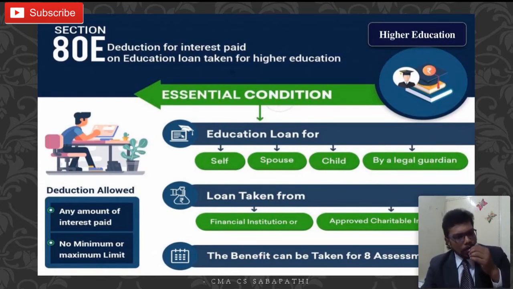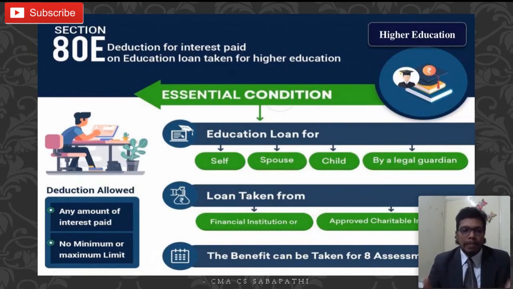So you have taken a loan and you are paying the interest. There is no maximum ceiling limit on whatever interest you are paying on the repayment of the educational loan. So you are availing this deduction under section 80E.